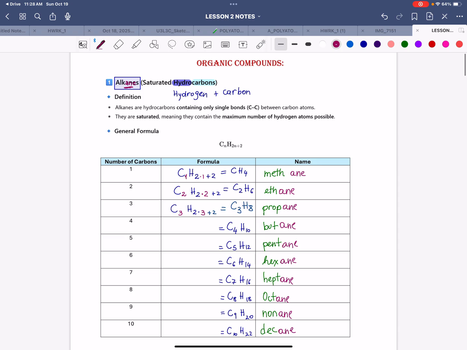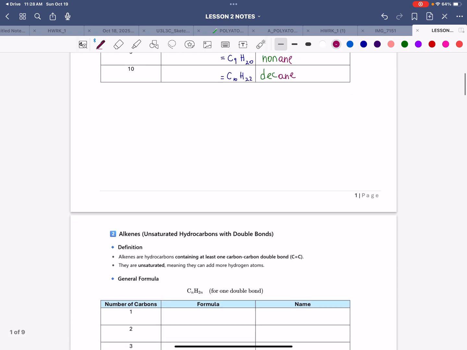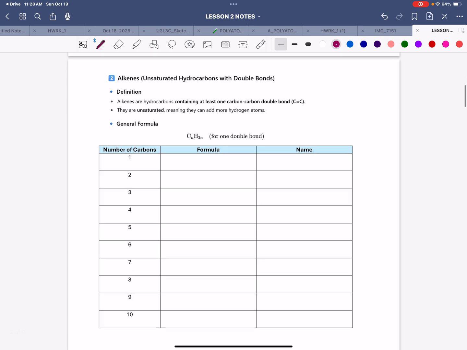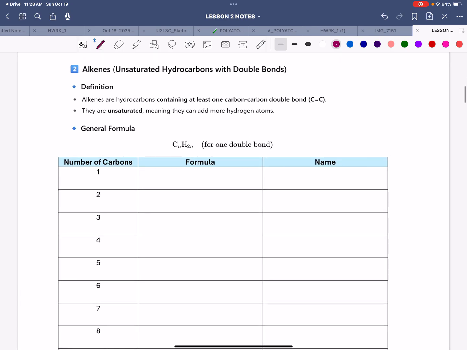Next we're going to move on to the next group of hydrocarbons that sound similar to alkanes, but are slightly different. We call them alkenes. The good news is that the naming and creating their formulas works in a similar way, but for alkenes, we follow the pattern CnH2n, which means that the number of hydrogens will be equal to double the number of carbons, which makes this a lot easier.